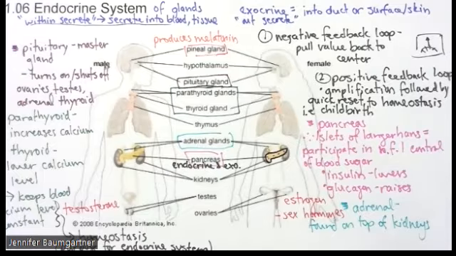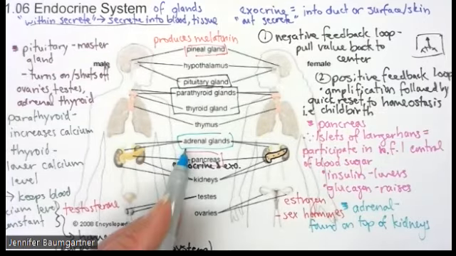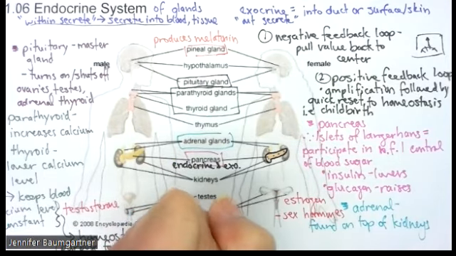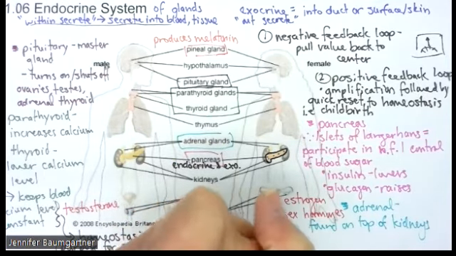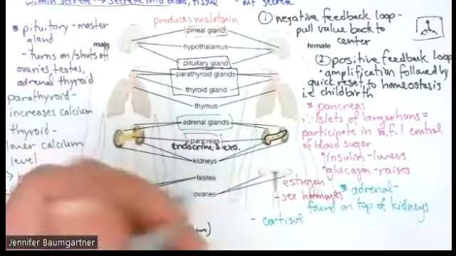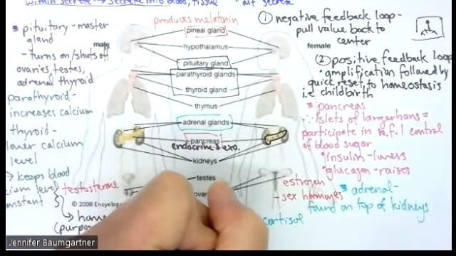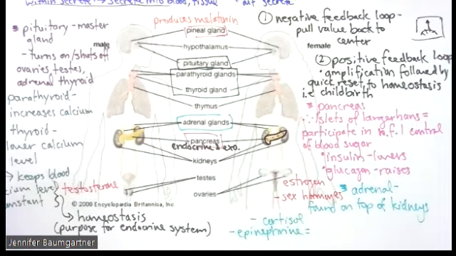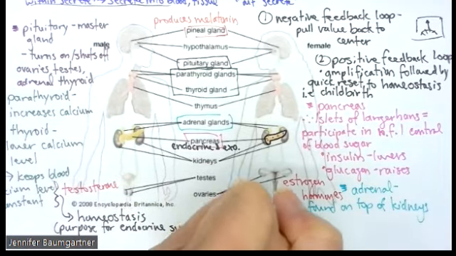And they have a role to play in stress. So when we are stressed or under duress, these adrenals release two compounds. They release cortisol and they release epinephrine.